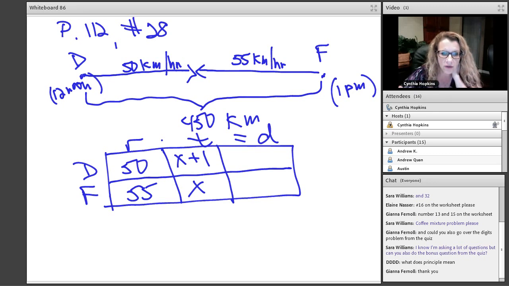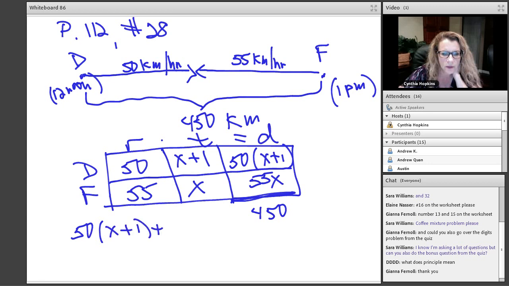Once I have my two boxes, it's easy to find the third, just multiply. So Dan's distance is 50 times the quantity X plus 1. Fran's distance is 55X. And they told us the total distance between their two houses is 450 kilometers. So my equation is 50 times the quantity X plus 1, plus 55X equals 450.